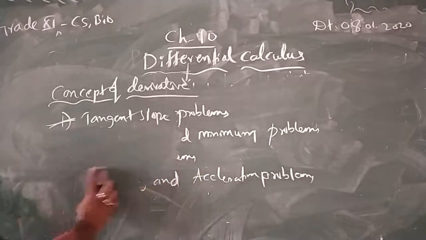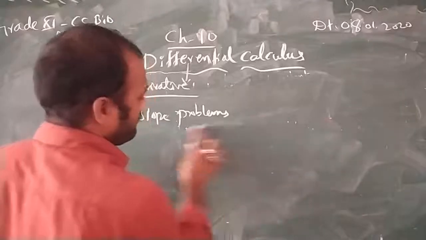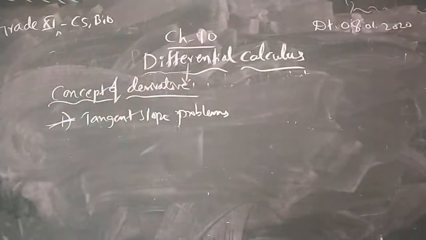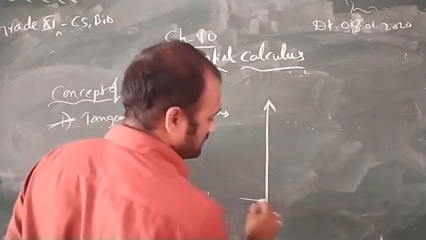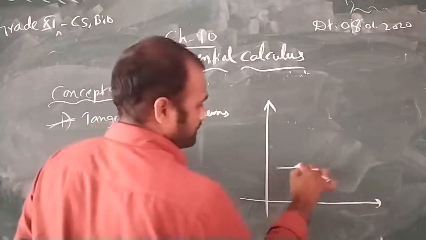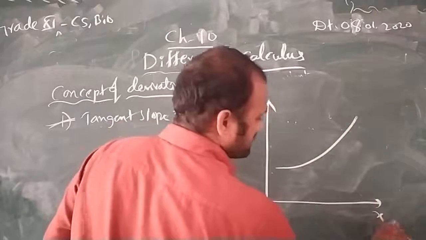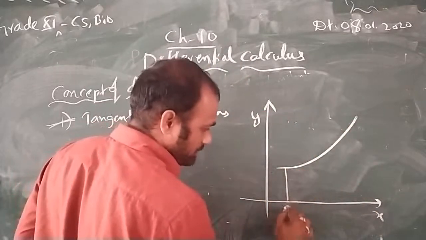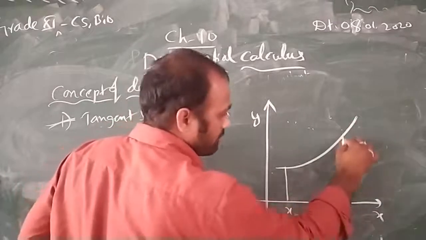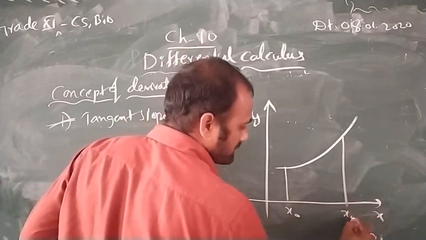So let us discuss what a tangent slope problem is. For this understanding, let us take a curve here. This is the curve, this is the x-axis, this is the y-axis. I am assuming this point is x0 and the other point is x0 plus h.